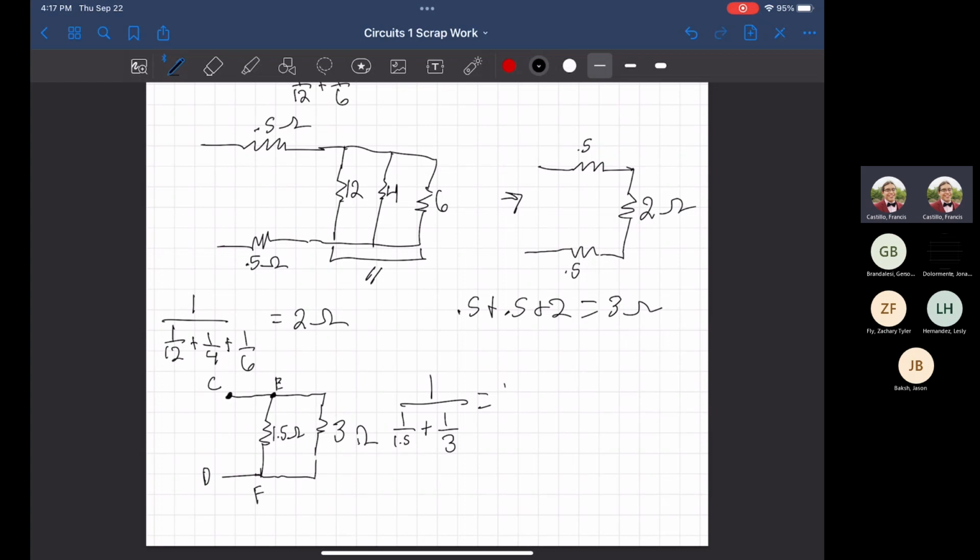That would get us to 1 ohm. Now we know the resistance value between C and D is equal to 1 ohm.